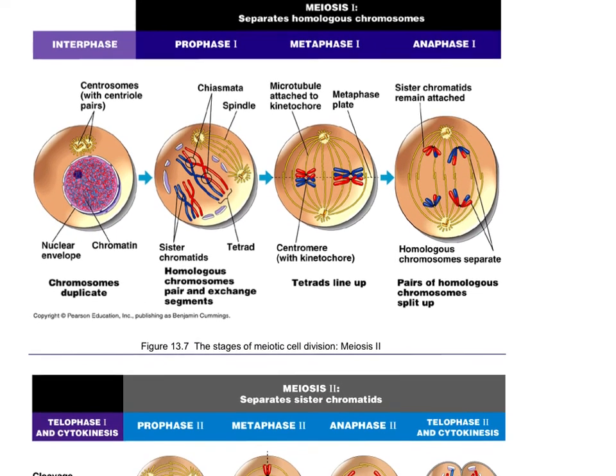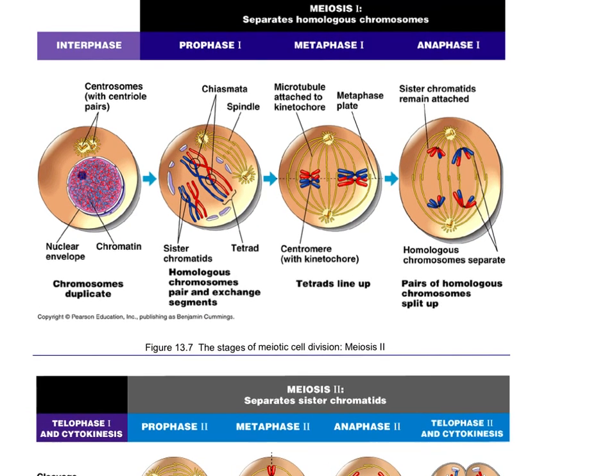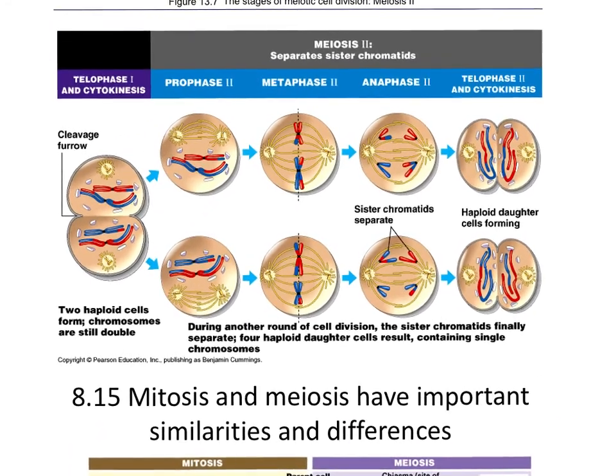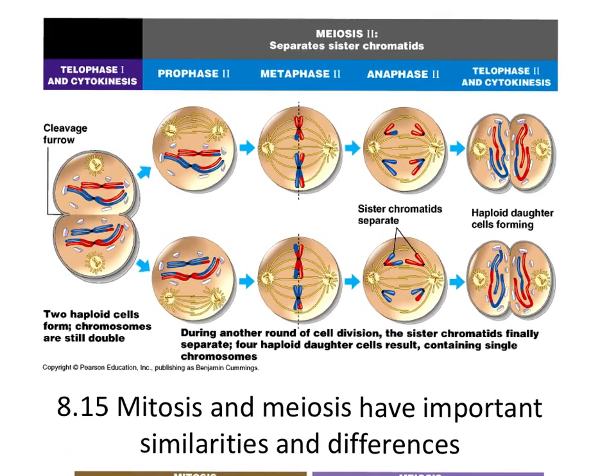This then shows exactly that. During interphase, chromosomes duplicate, homologous chromosomes pair up, line up at the center, and homologous chromosomes separate. The cell pinches into 2, and 2 cells are formed. Then we have those similar steps repeated.